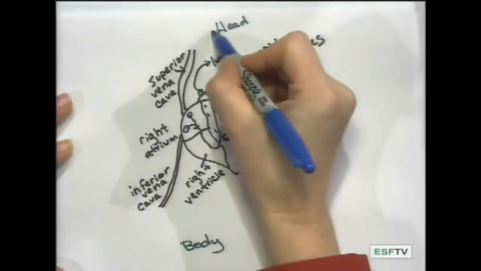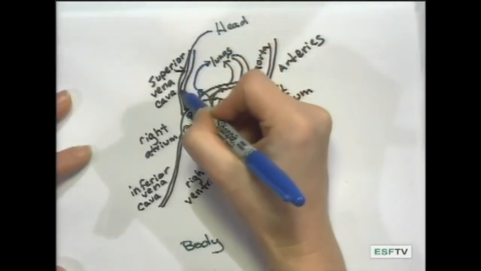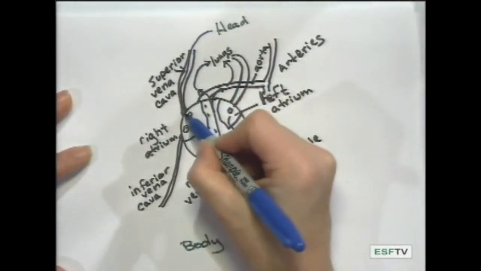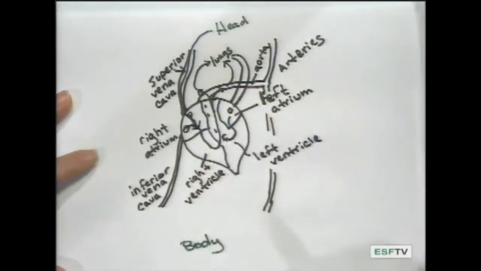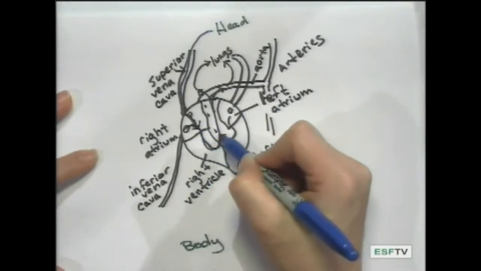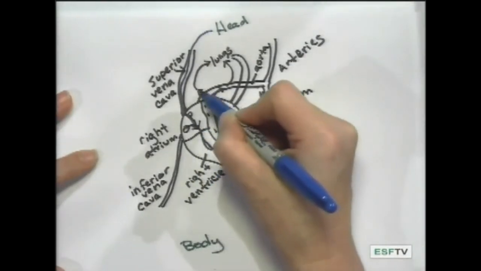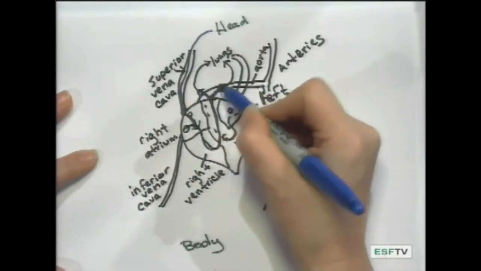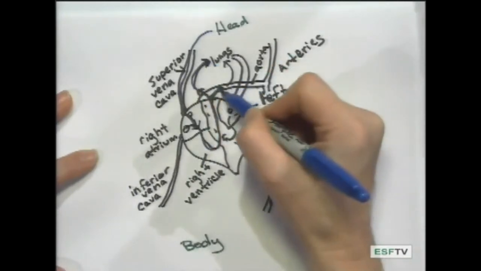So your deoxygenated blood will travel down through the superior vena cava into the right atrium, down into the right ventricle, and then back up and out, splitting to go to the lungs. So this is deoxygenated blood.